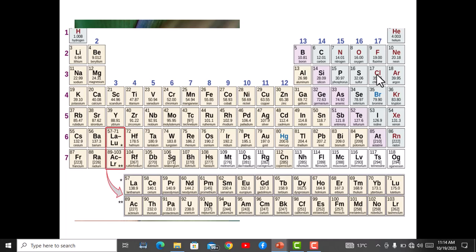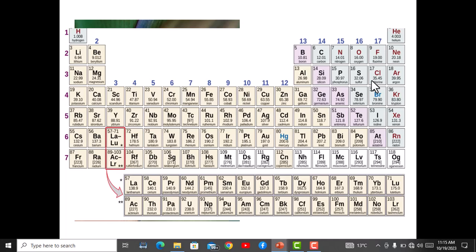So chlorine is a chemical element with symbol Cl and atomic number of 17. It has a relative atomic mass of 35.5. Chlorine is in the group of halogens, group 17, and it is the second lightest halogen following fluorine.